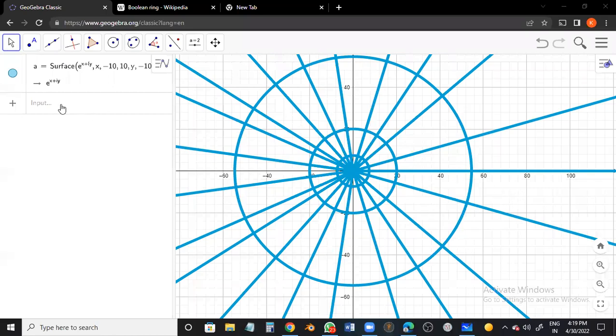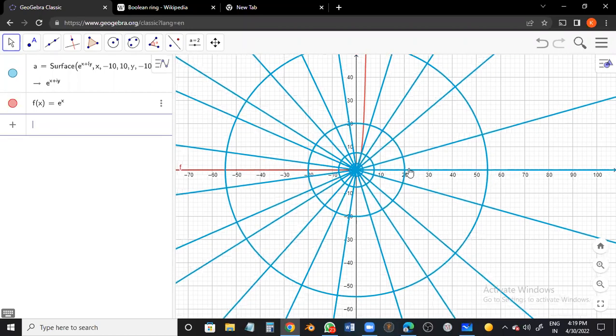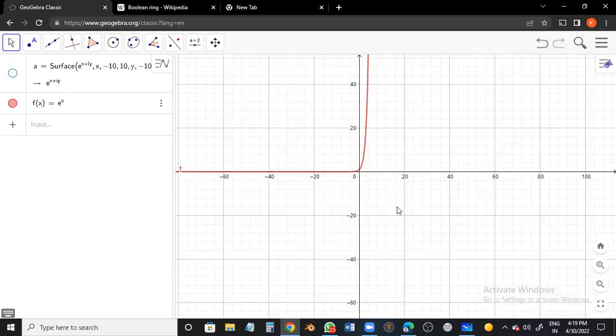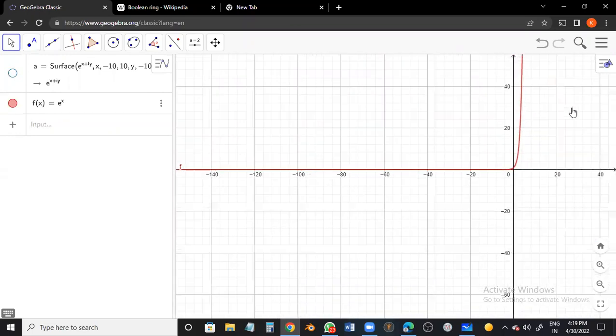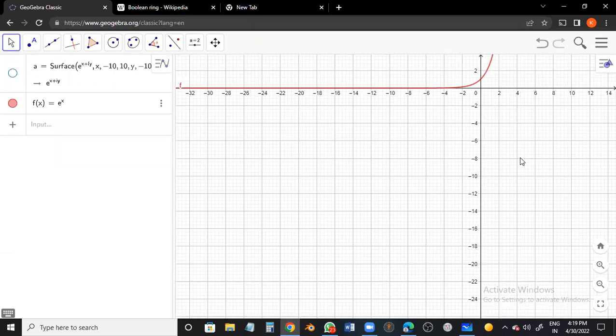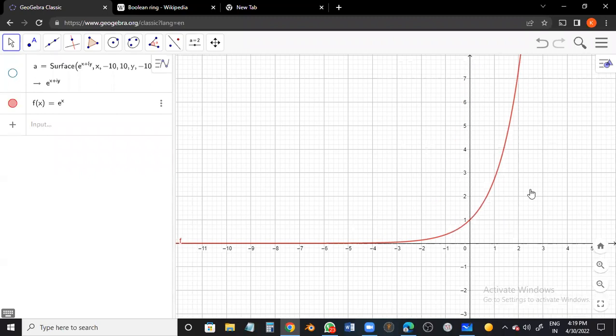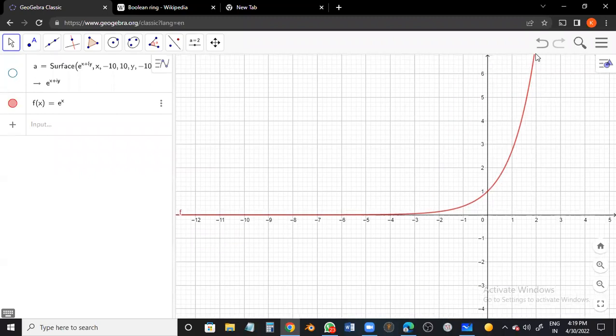It repeats itself. But now I would like to type e raised to x for some real value. You can observe the graph is shown in red. What do you observe? It doesn't cross the x-axis. It is a graph starting from the first quadrant and going into the second quadrant.